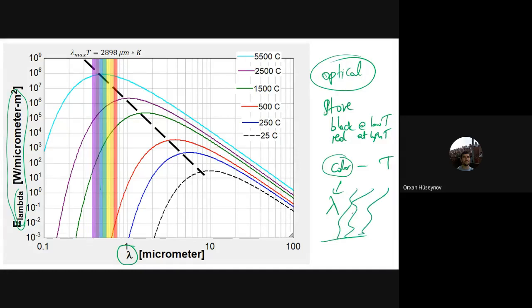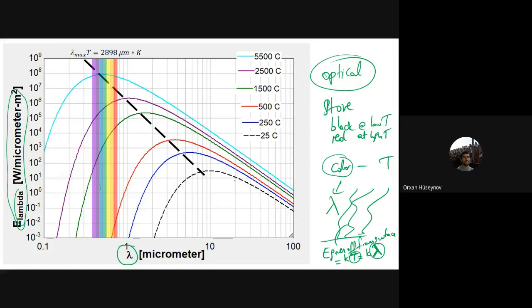That energy given off from the surface is proportional to the lambda, or the temperature. So if I measure the lambda, I can know the temperature of the surface. That is how the infrared thermometers work, because they are measuring the frequency emitted from the surface, and then from that frequency, they find the temperature of the surface.